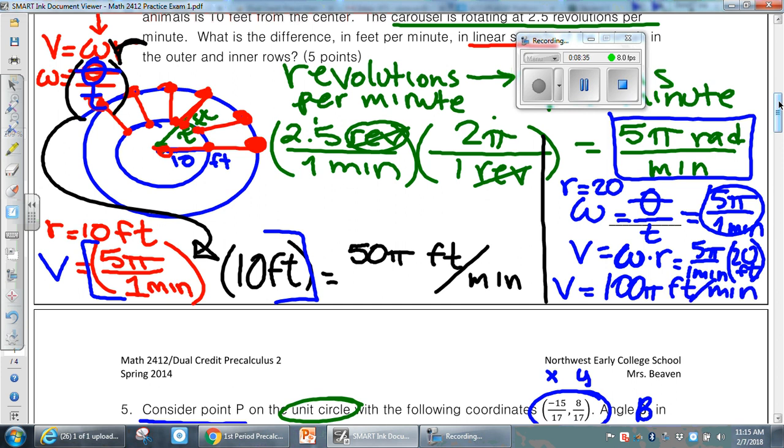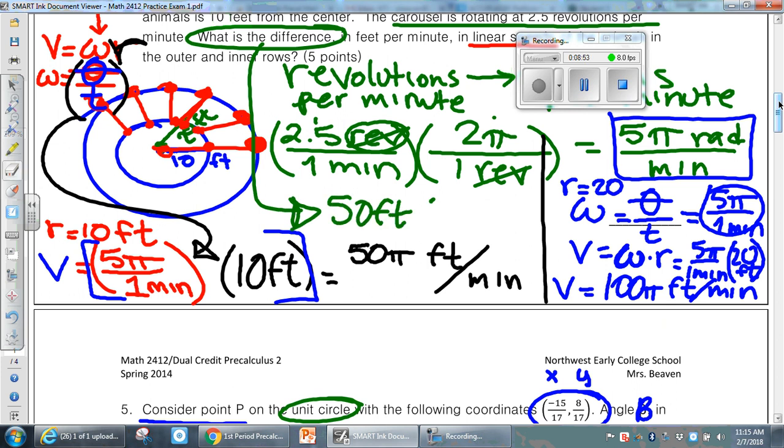Okay, so to answer the question, what is the question? What is the difference in feet per minute? So what would that be? 50. So the answer to the question, what is the difference? That will be 50 pi.